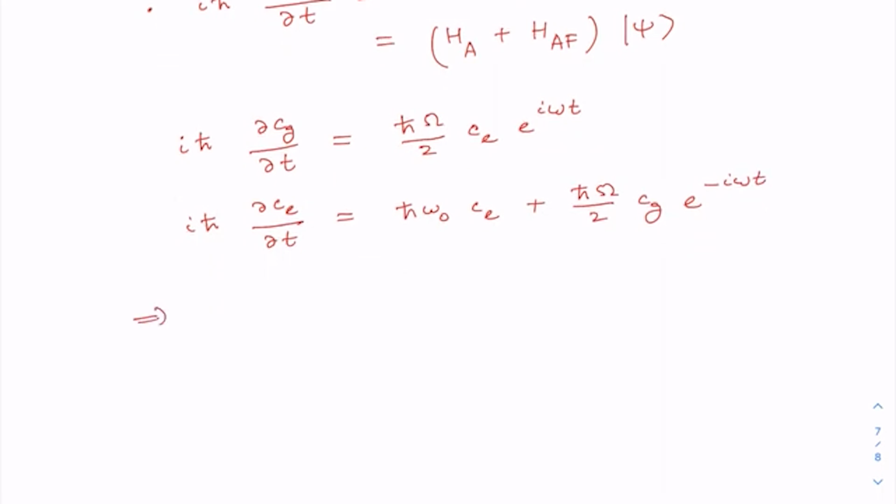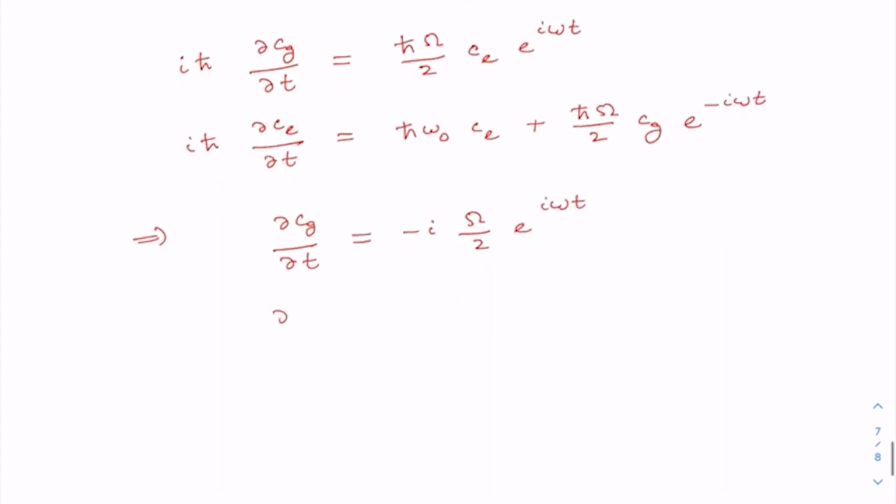Or we can simply write ∂Cg/∂t is equal to -iΩ/2 e^(iωt) Ce, and ∂Ce/∂t is equal to -iω0 Ce minus iΩ/2 Cg e^(-iωt).